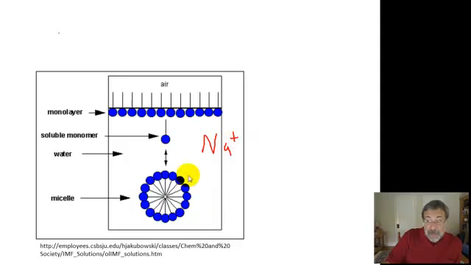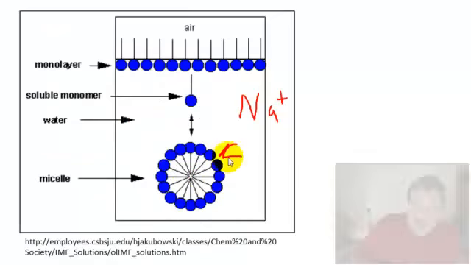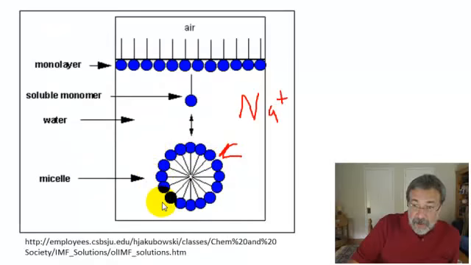What can happen is, as the soap is dissolved to begin with in the water, the fatty acid part of the soap will form this circular-like structure called a micelle, where the hydrophilic sides of the fatty acid are aligning themselves so that they protect the hydrophobic side from the water.